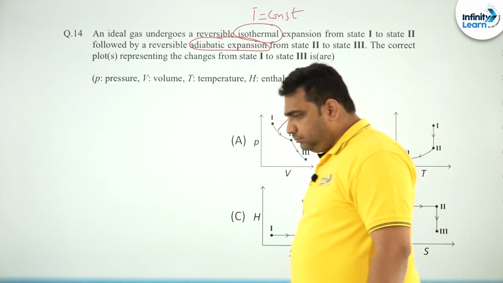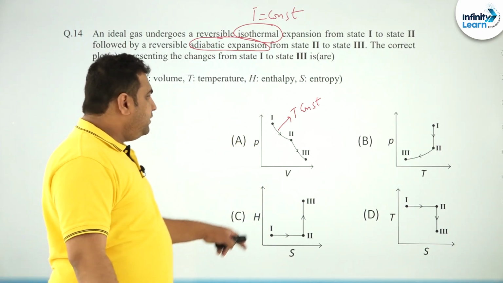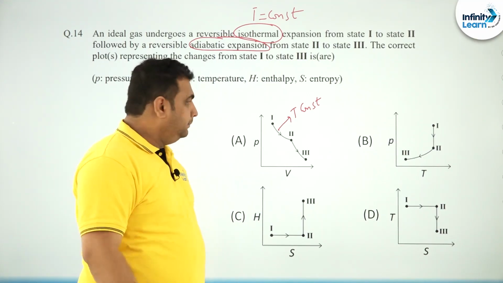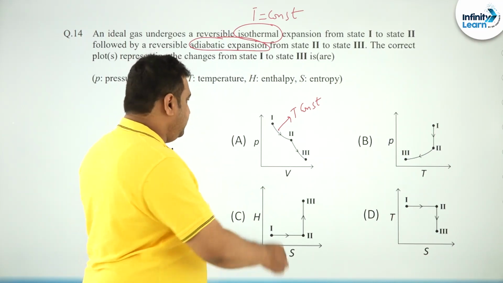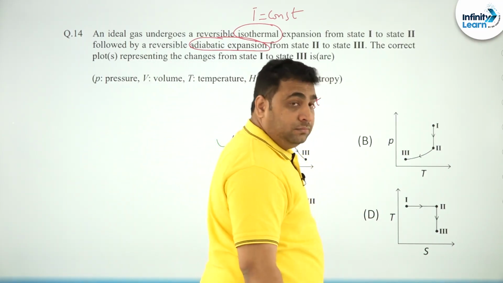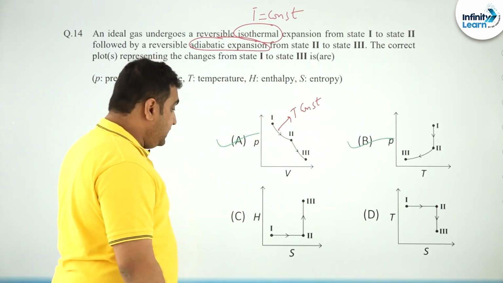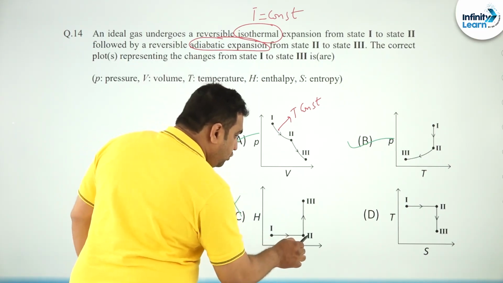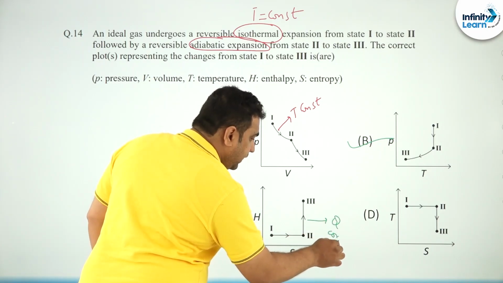Now, the thing is, if temperature is constant, then pressure and volume, Boyle's graph, this will become correct, and obviously PV is changing. So, obviously this is correct change, and this is P versus T, remember, obviously this also goes correct. Now, coming to this one, this is wrong because 2 to 3, he is saying that Q is kept constant, correct or not.